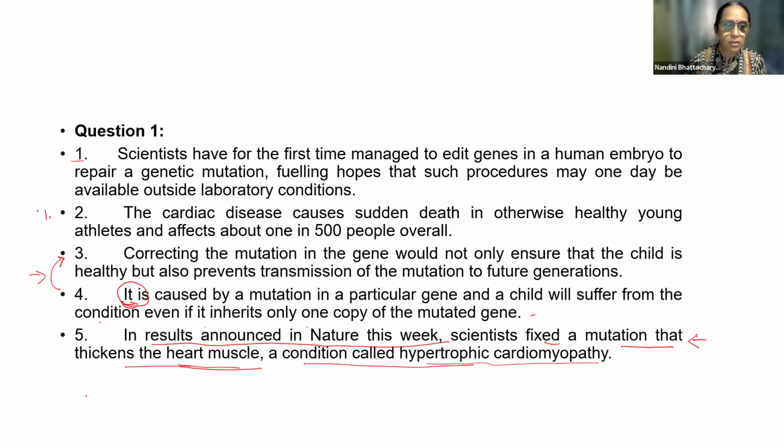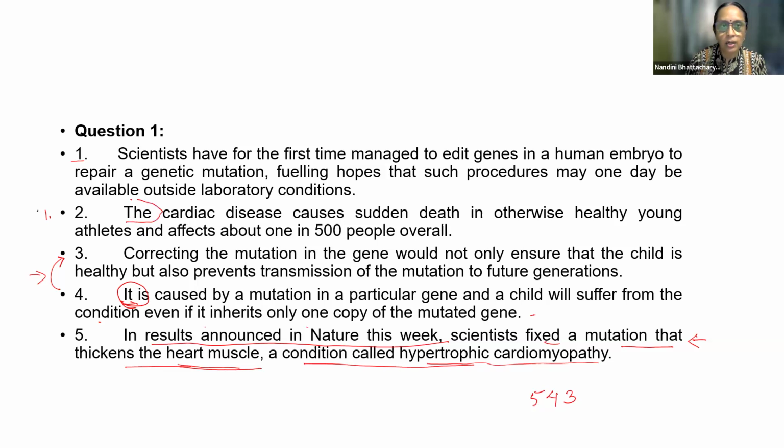So that means we have 4, 3 and 5 coming before it. So 5 cannot be our introductory sentence. So 5, 4, 3. Now, is there anything that can come between?